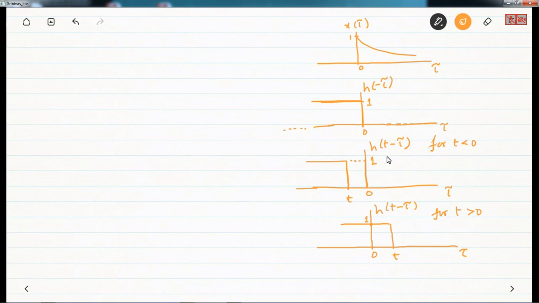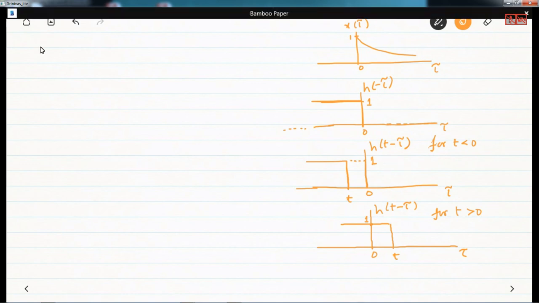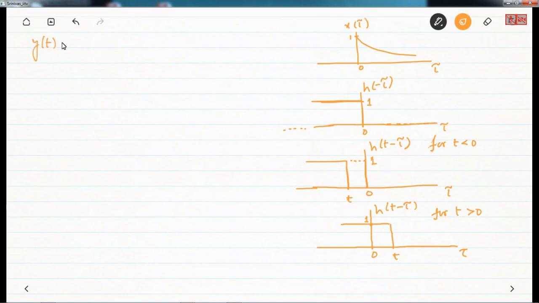Okay. Now, let me write this: y of t is equal to the integral from minus infinity to plus infinity of x of tau h of t minus tau d tau. Sorry, it's not dt, it's d tau. So let us see this.